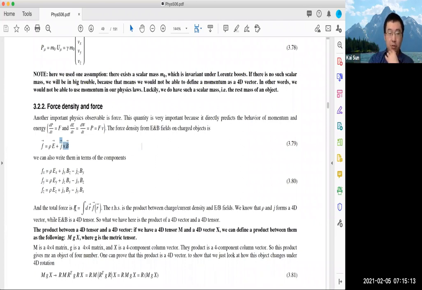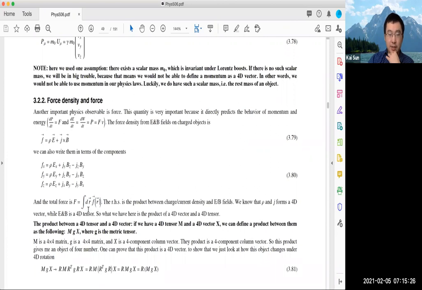If you want to know the total force on an object, what we need to do is a 3D integral: the force density at point r integrated over the whole size of my object. This is the force we utilize in E and M. But in order to write down the equation of motion, we need to modify this force.